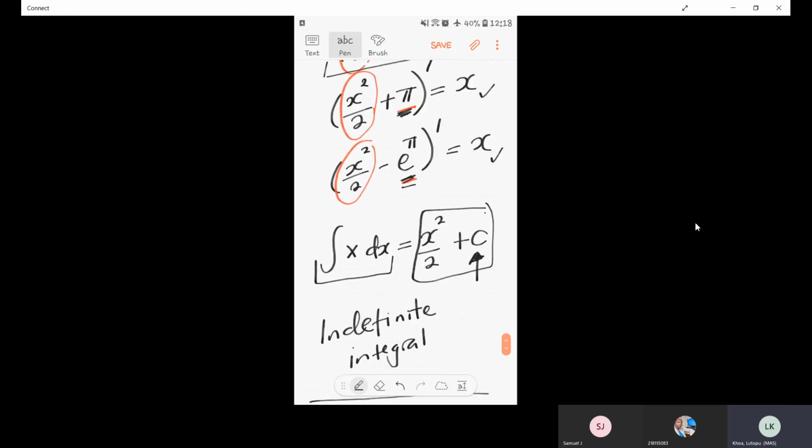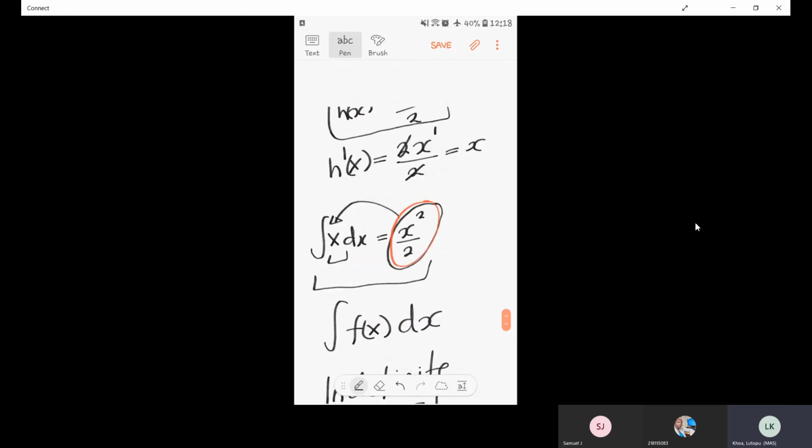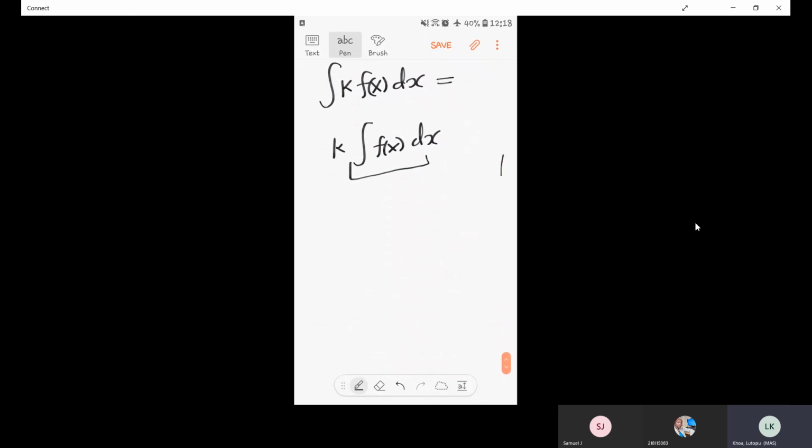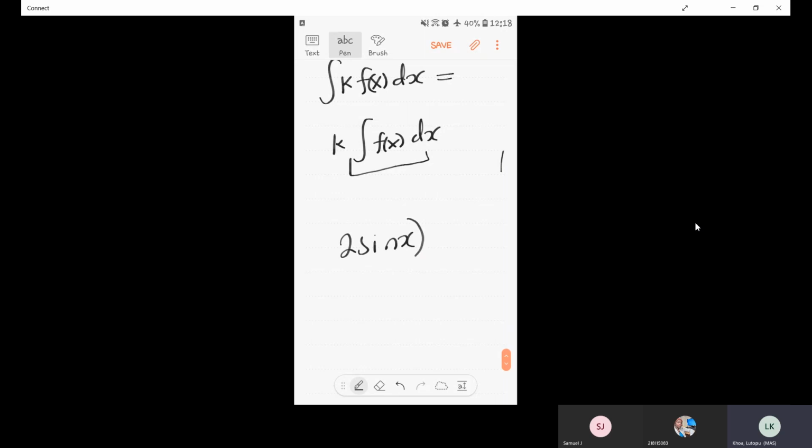So just like we were doing with differentiation, when we had a constant multiplying your function, like 2 sine x, and I say differentiate this, you can take the 2 out, differentiate your sine x, you get 2 times the derivative of sine x, which is cos x, and then finally leave your answer as 2 cos x.